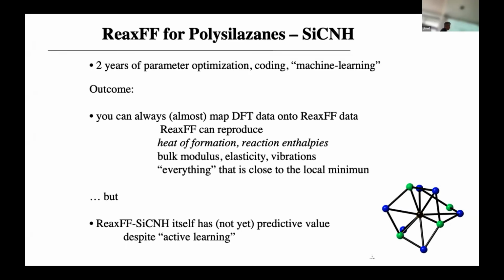Whatever you do, despite all so-called active learning, including the miseries like 8-fold coordinated carbon back into your training set, there's always something new popping up when you do this kind of simulation. It's horrible. So the student has graduated with completely different material, and this was also part of his written thesis, never been published, but it's definitely a failure.